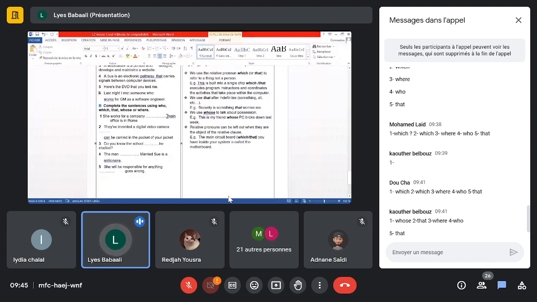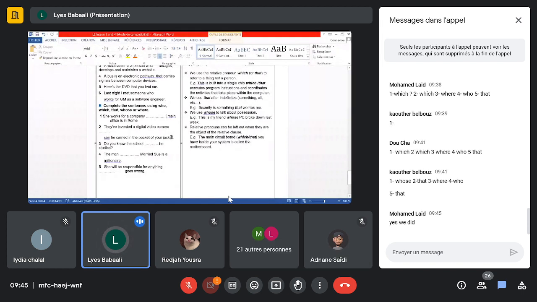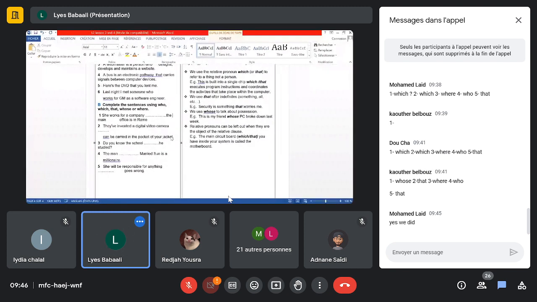So she works for a company. Here, the example is kind of wrong, but yeah, she works for a company where the main office is in Rome. They invented a digital video camera that can be carried away.